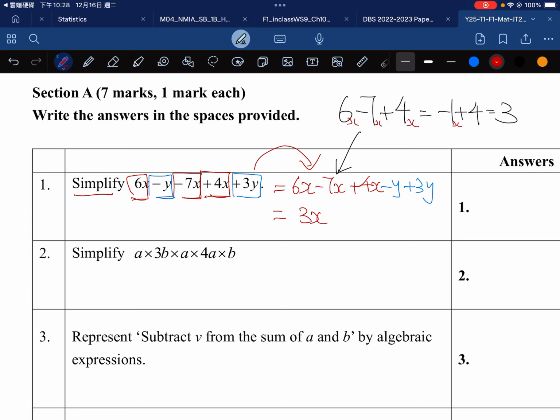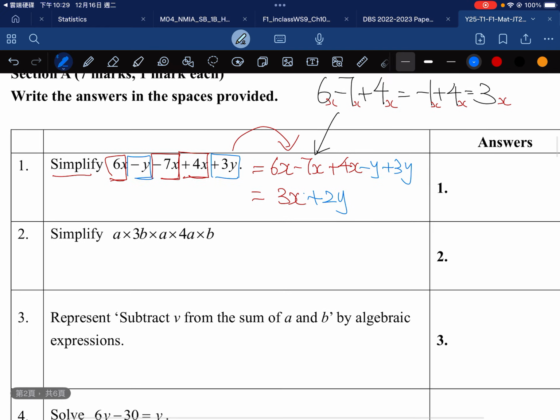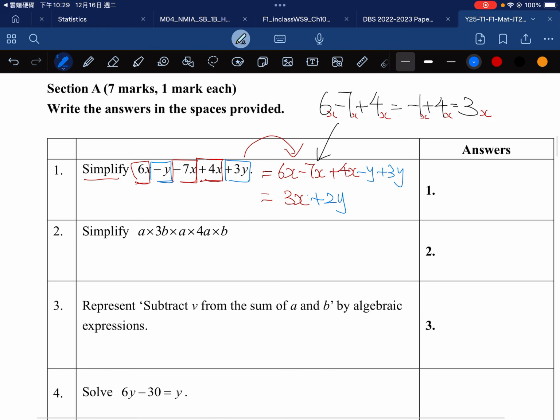So it's minus 1x, 4x, and 3x. Similar to the blue y: minus y plus 3y, which has 2y at the end. So the first answer is 3x plus 2y. And in session A, we simply have to write down the answers directly. You don't need to show me steps. The steps are for you to understand what we are doing here.